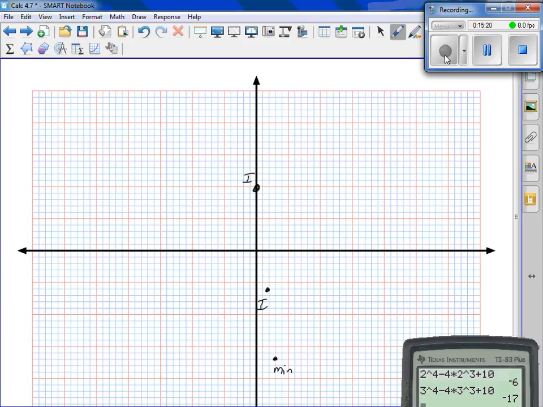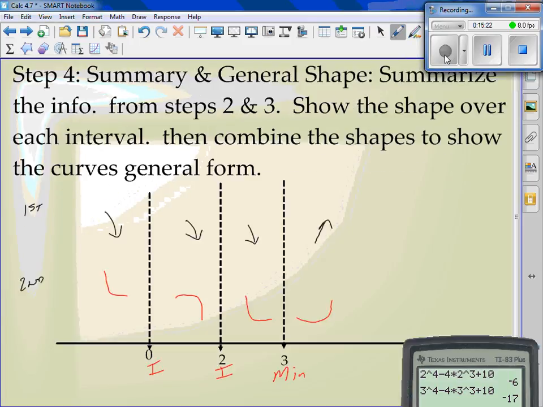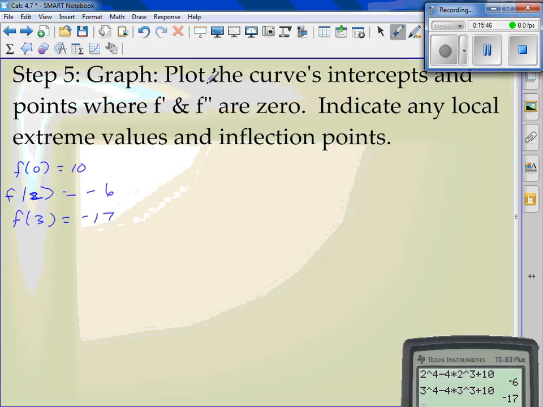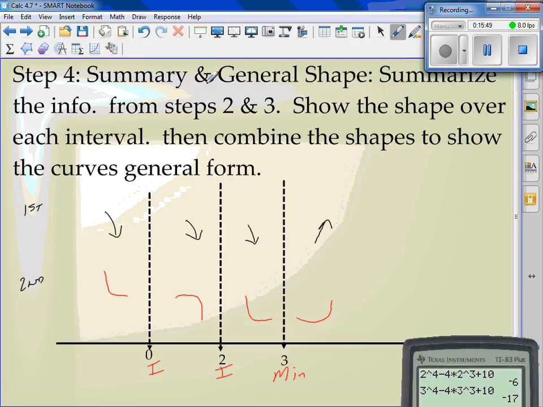How does the graph start off? Looking at our table right here. What happens? It goes down. So this one starts off going down. Once it hits that inflection point, what happens? Well, it's going to change, so it's concave down.